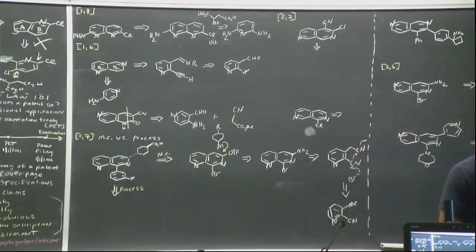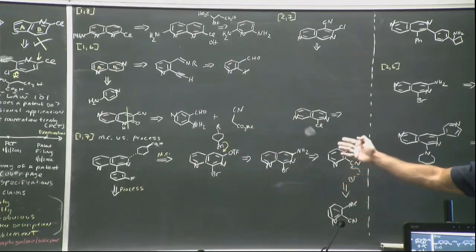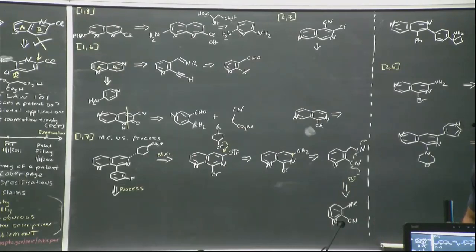Now, obviously, the process chemists don't want to do this. But this route is a medicinal chemist's dream. Patrick, wouldn't you say? I can give this to the library group and have them do 5,000 Negishis, 5,000 Suzukis, and pretty much next week my SAR will be done. Now, the process route is really garbage for that purpose.